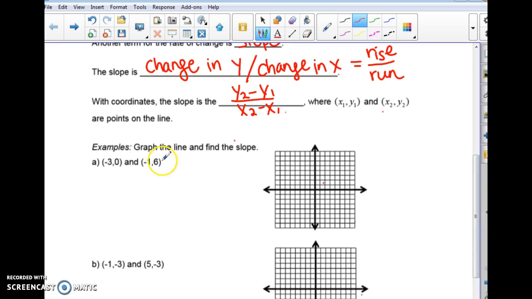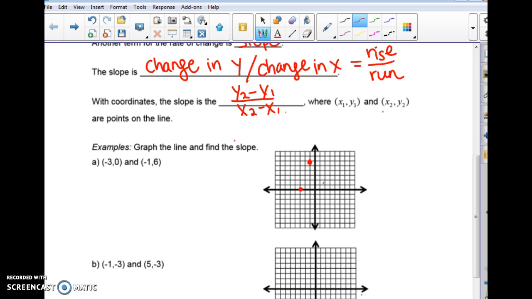First of all, I'm going to plot these points: negative 3, 0, and then negative 1, 6. Okay? So slope can be found two ways. We can use the graph.